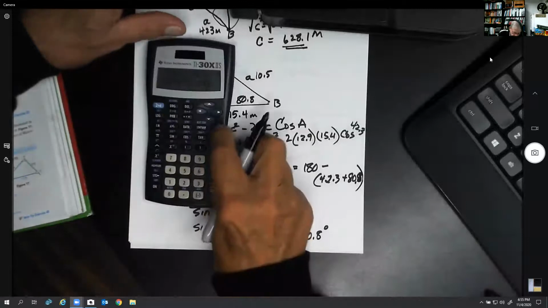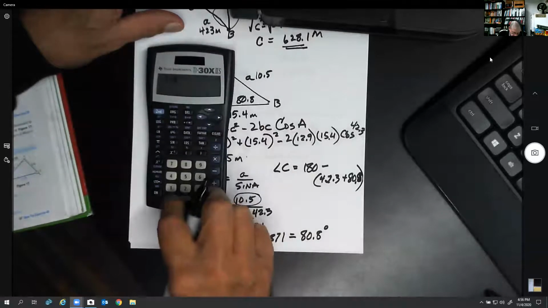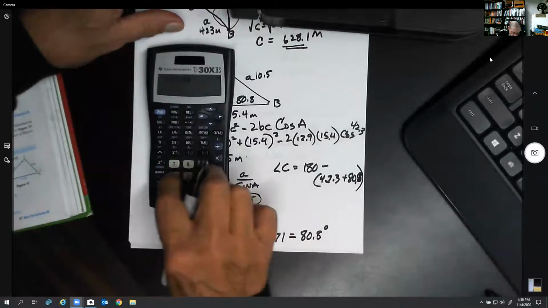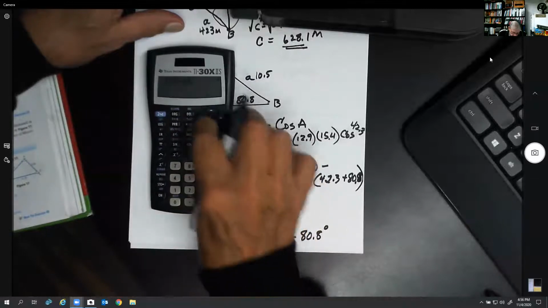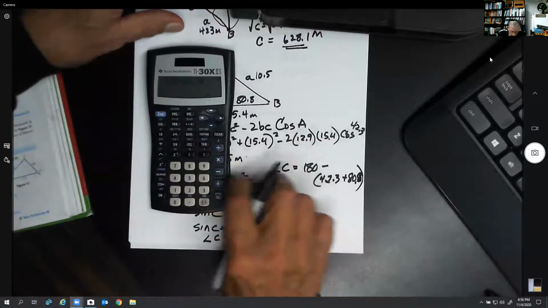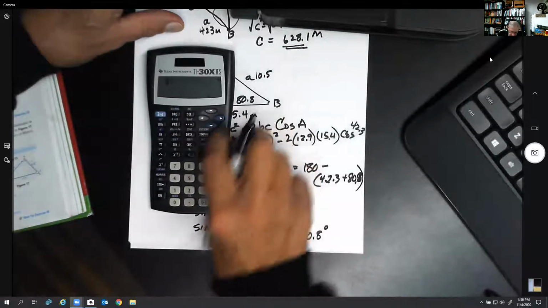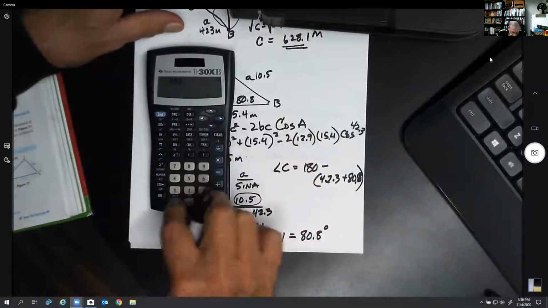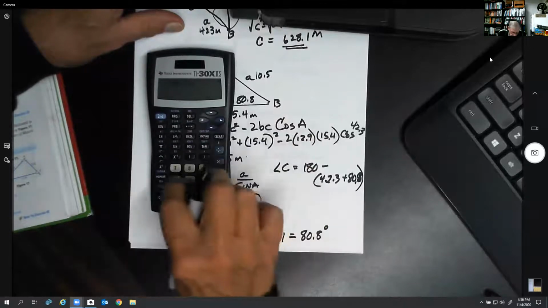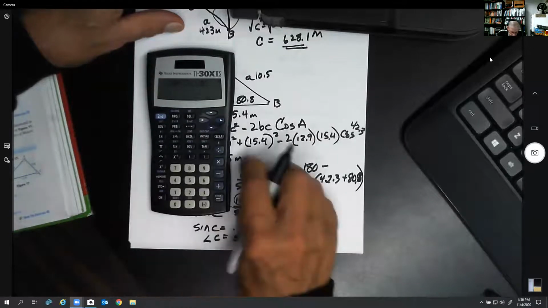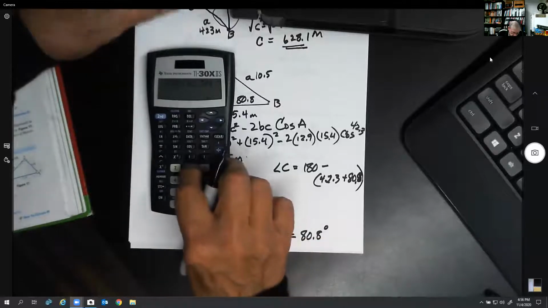So that makes it kind of fun to do. 180 minus 42.3, back this up. I should have put this in the parentheses. Let's clear this out. 180 minus parentheses 42.3 plus 80.8 I had.